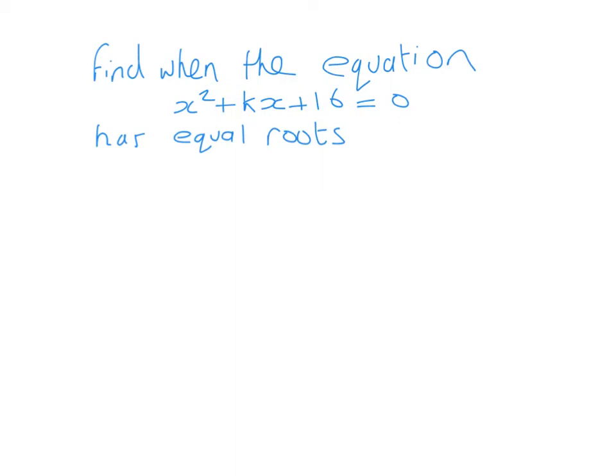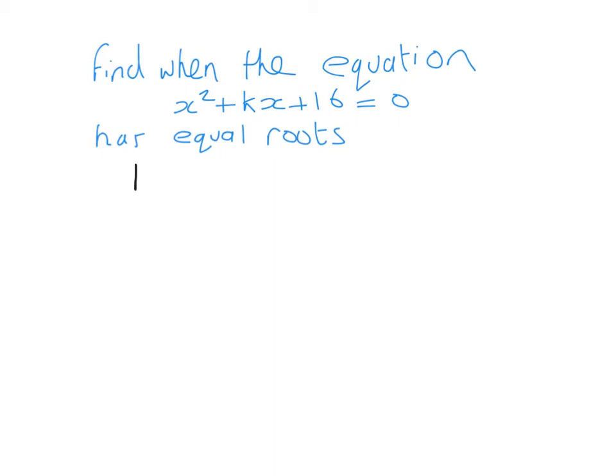Okay, so find when the equation x squared plus kx plus 16 equals 0 has equal roots. Well, let's think, what does that mean? That means that the discriminant must equal 0.